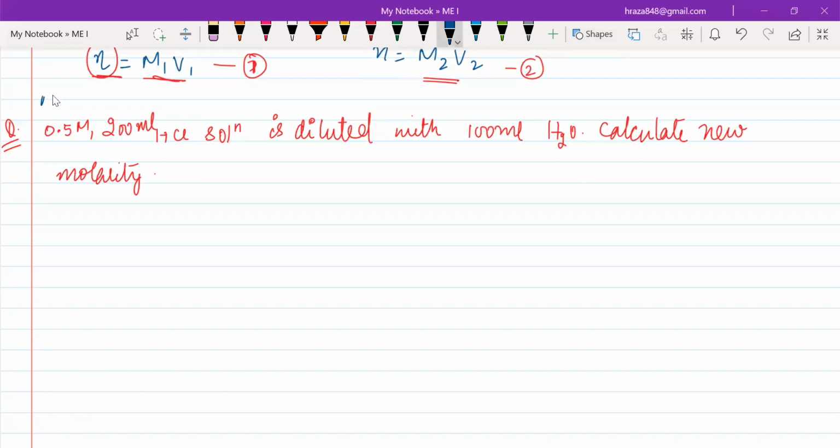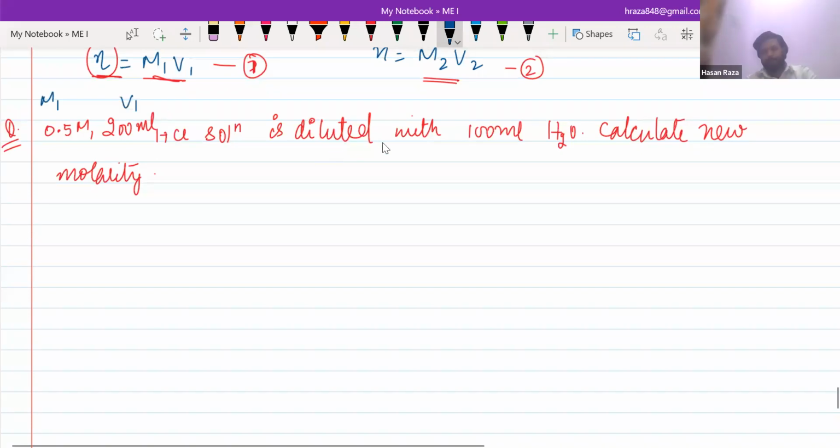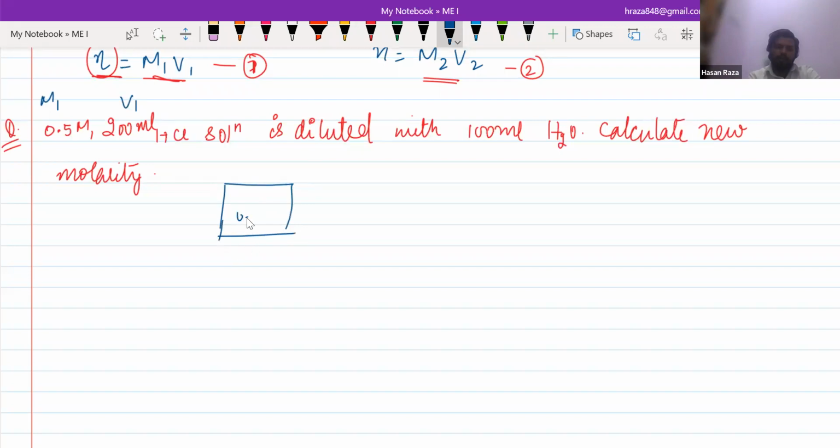So see, this is your M1 and this is your V1. And what is your V2? Since you can see this is your container in which molarity is 0.5 M and volume is 200 ml, and you added 100 ml solvent, that is water.